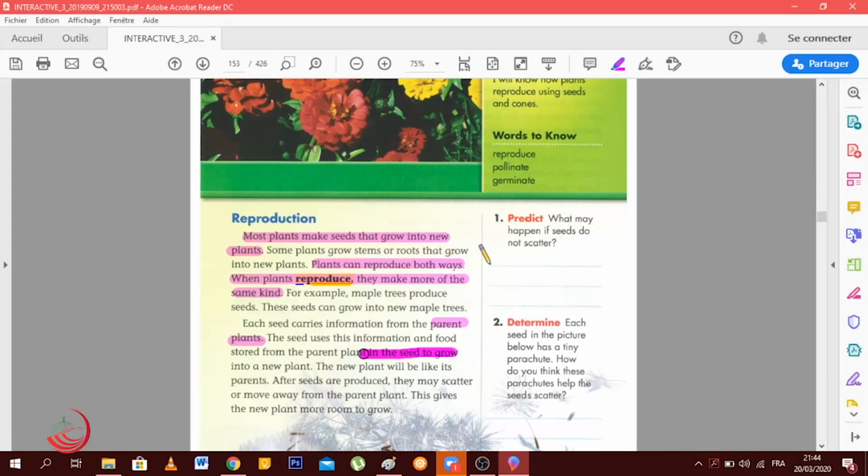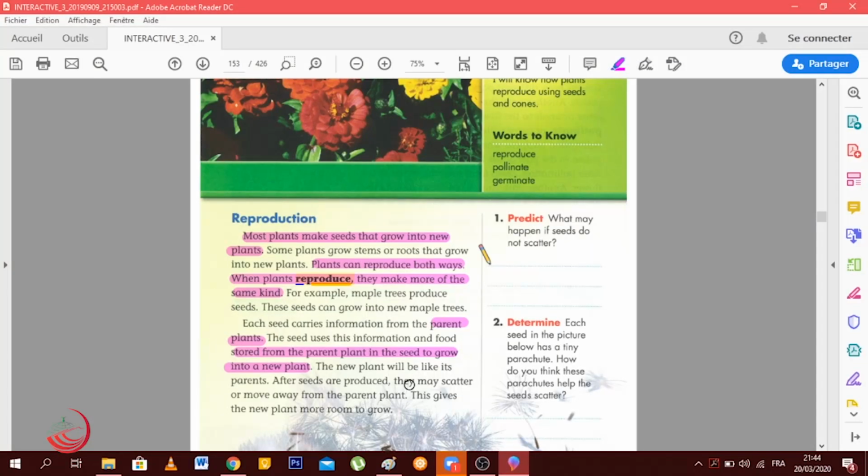So you remember when we examined the seed, and when we planted our seeds in plastic cups and there was no soil, we said that they have oxygen from air, they have water because we gave them water, and they have energy from the sun, but they have no food.